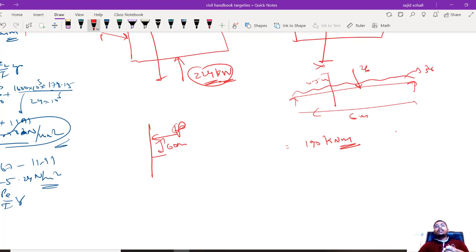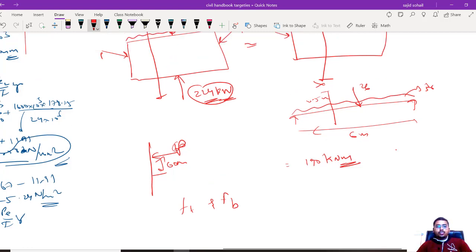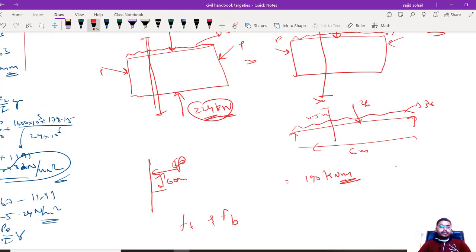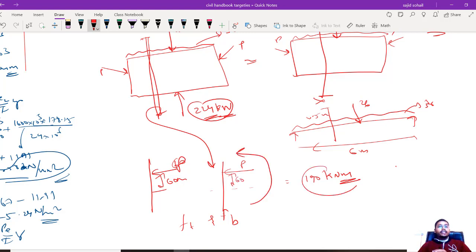I just have to find out what is the stress at top fiber and bottom fiber at a distance of 2.5 mm. So at this section, we will look at the loads once. There is a pre-stressing force P here, which is acting at eccentricity of 60 mm, and there is also a moment. The stress due to this moment is M by I into y, right?